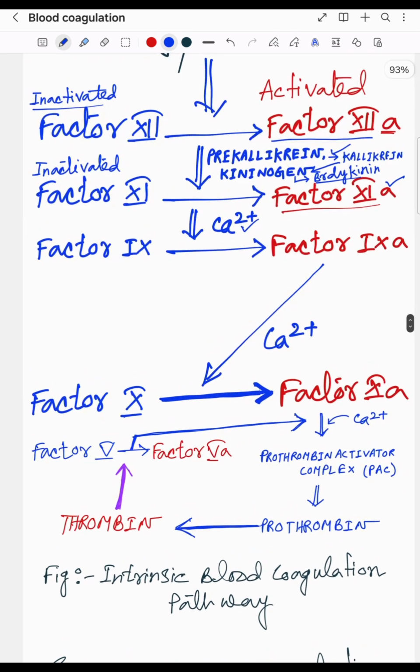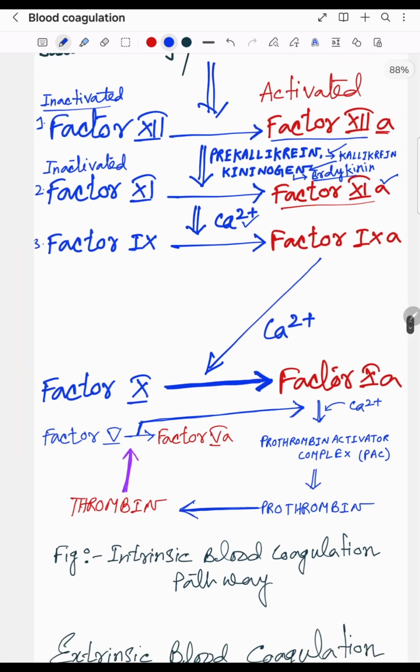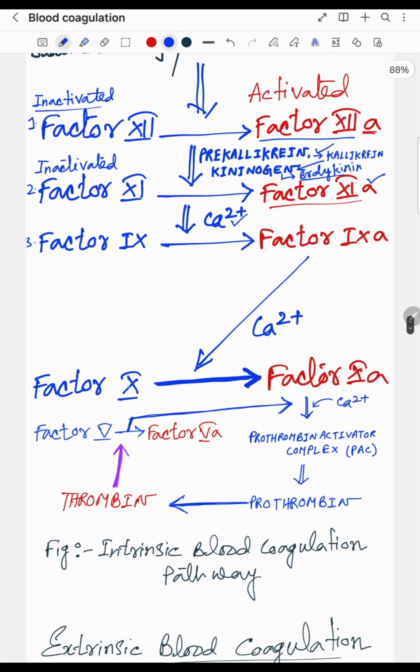If I consider the activation of factor 12A as the first step of our reaction, the activation of factor 11 is the second step, activation of factor 9 is the third step, and activation of factor 10 is the fifth step.